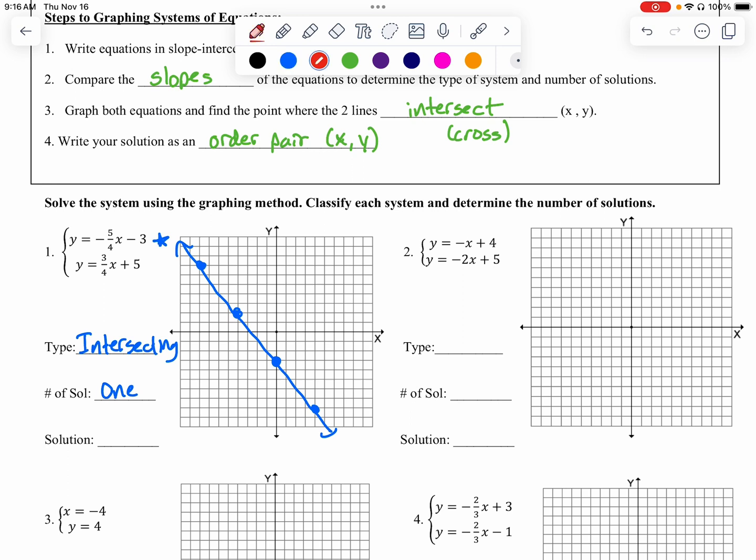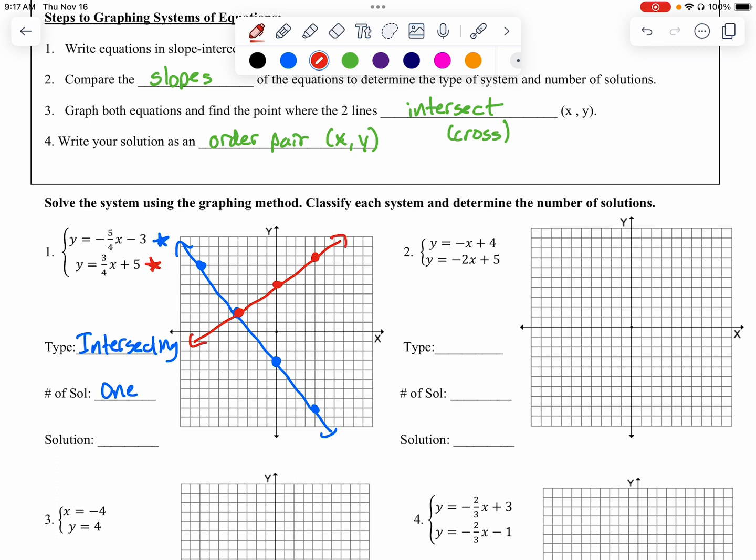Then I would pick a different color for the second line. So this one, our y-intercept is at 5. So I'm going to start at 5. And then my slope is +3 over 4. So I'm going to go up 3 to the right 4. Or I could go down 3 to the left 4. Boom. So as soon as they touch each other, you are good. You don't have to draw any more points.